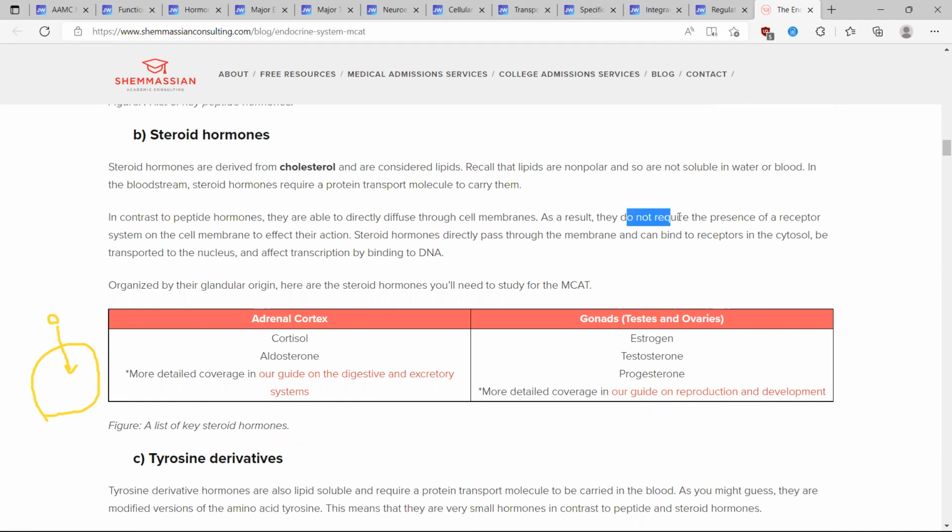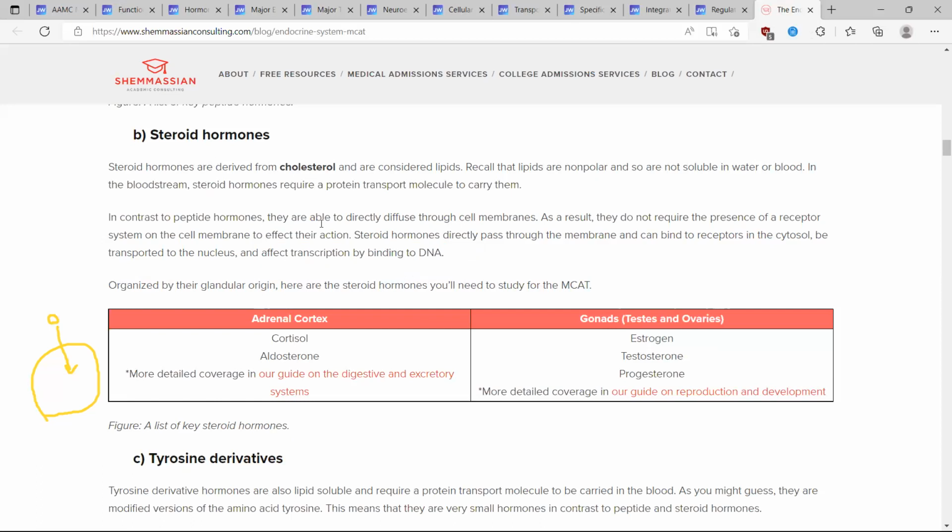So they do not require the presence of a receptor system. A big contrast. They directly pass through the membrane and they can bind to receptors inside of the cytosol, be transported to the nucleus, and even affect transcription by binding to DNA. That's really important, because we always are concerned about transcription, translation, gene expression.